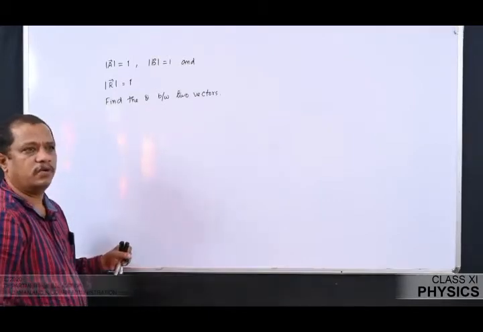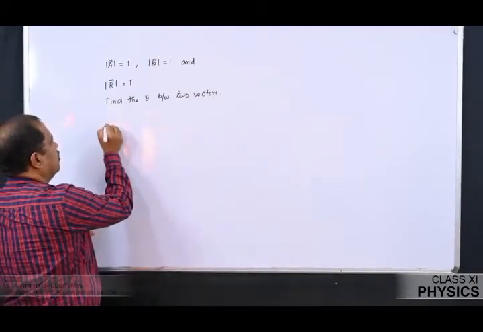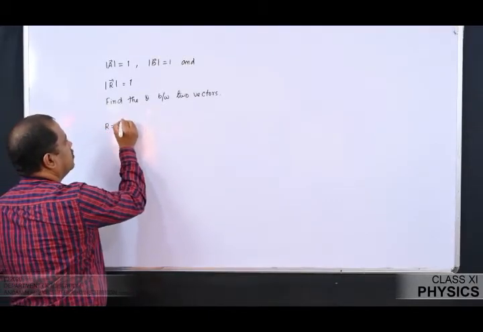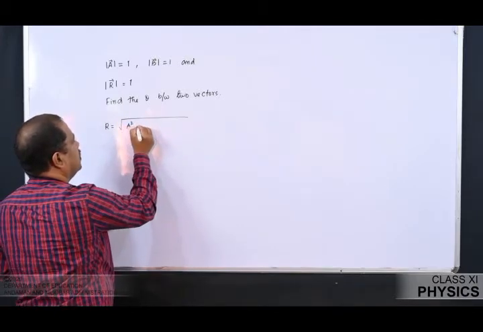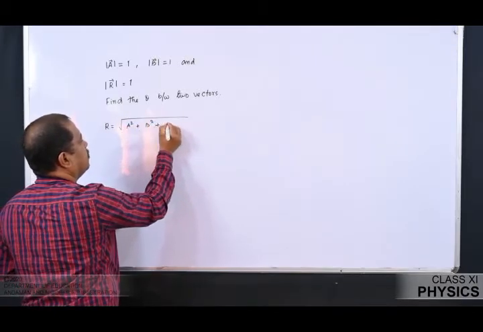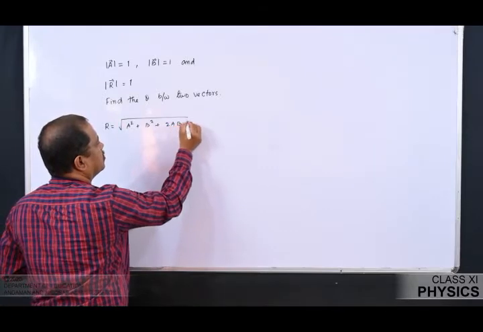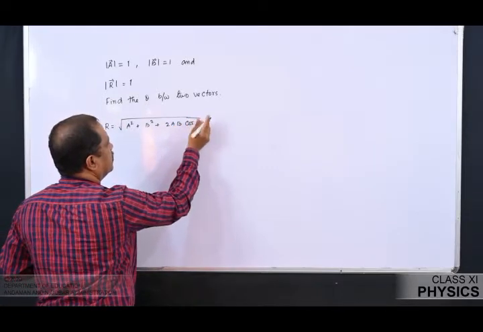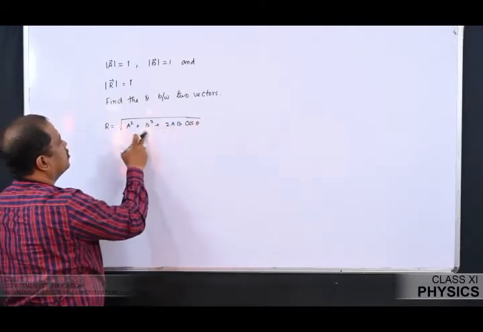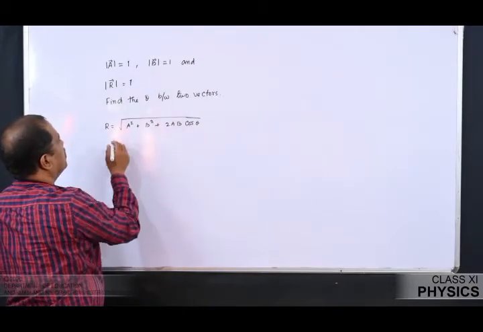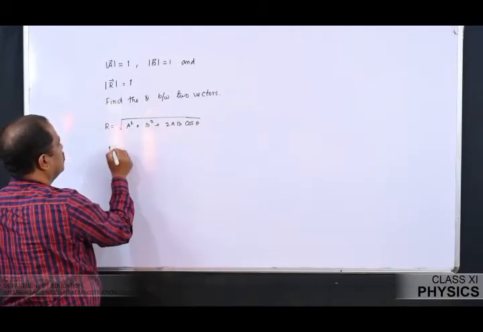Now, how to go about it? It's very simple. We have the general formula R is equal to under root of A square plus B square plus 2AB cos theta. Simply, I am going to substitute the values. Already it's given, so magnitude of R is equal to 1.